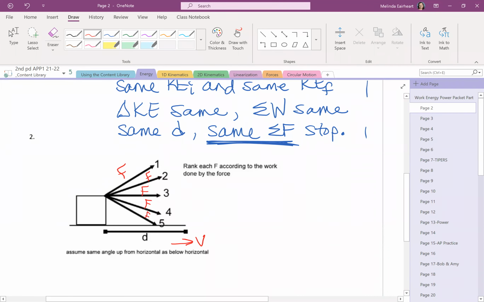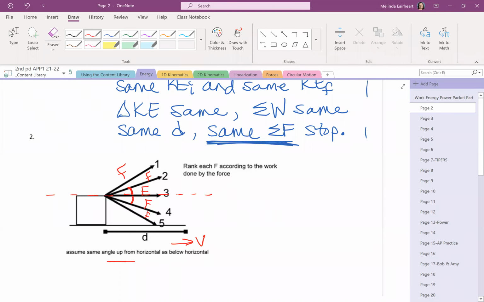It's just the direction of the force, right? And so assume the same angle up from the horizontal as below. And what that's saying is the angle of 2 is equal to the angle of 4 if you use 3 as the horizontal axis, right? As your reference. Who's doing more work?